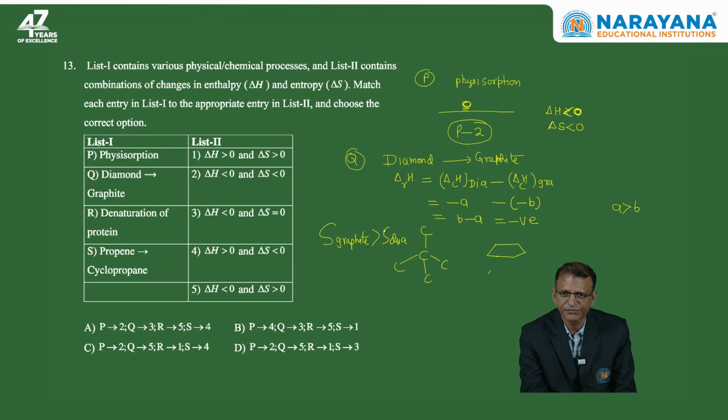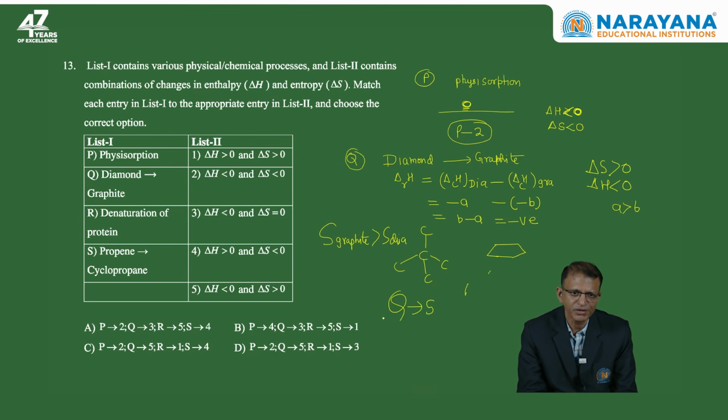So if diamond is converted into graphite, the entropy change for this process is going to be positive. So entropy change is positive and enthalpy change is negative. If we are looking for this, delta S positive and delta H negative, we are getting this fifth option. So we can say that Q should be matched with 5.